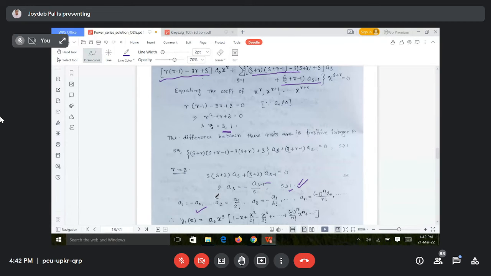Then you put a1 is equal to minus a0 again. So a2 will be in terms of a0. Similarly a3 भी a0 के टर्म पे आ जाएगा. तो एंड ये जो डिनोमिनेटर है वो सब फैक्टोरियल के फॉर्म में भी आ रहा है.